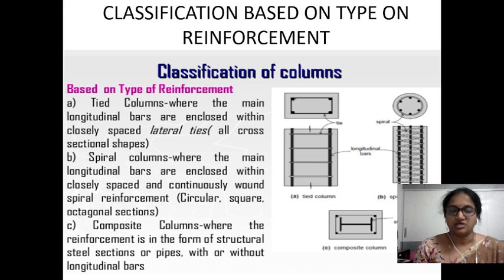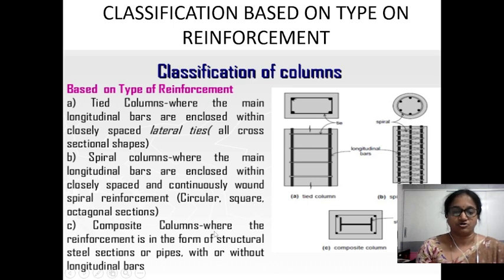Now coming to the spiral column, in this the main longitudinal bars are enclosed within closely spaced and continuously wound spiral reinforcement. So these are continuous stirrups. Here you can see.